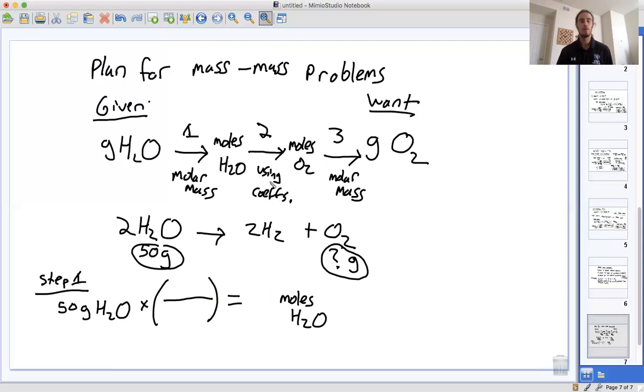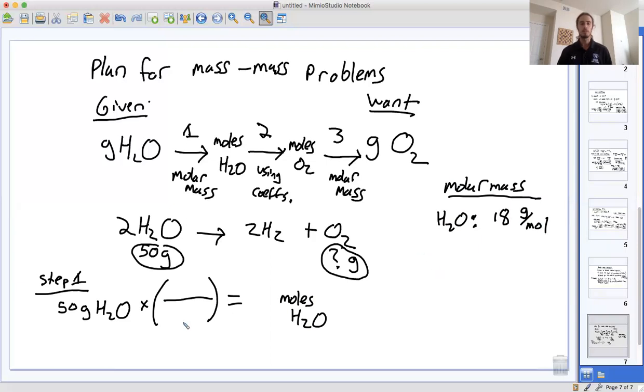For a mass to moles conversion, I'm going to use the molar mass. The molar mass for water, we showed earlier, is 18 grams per mole.